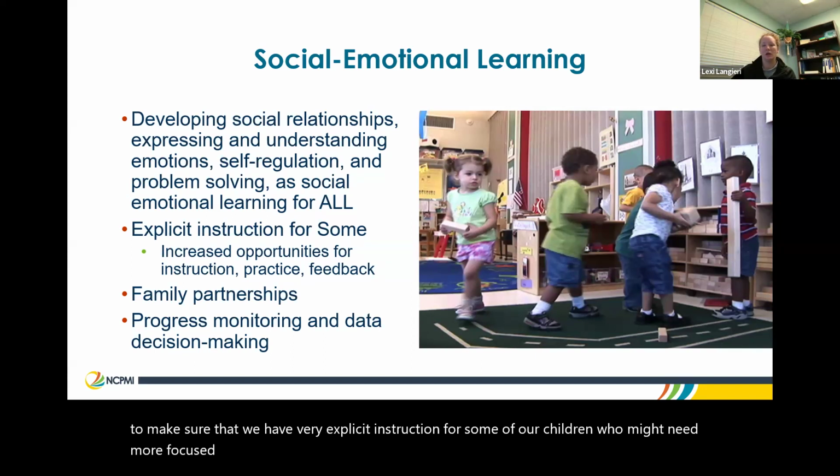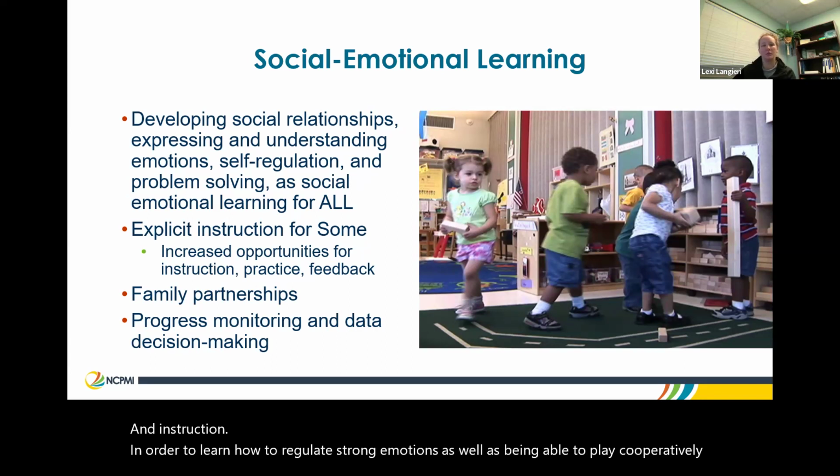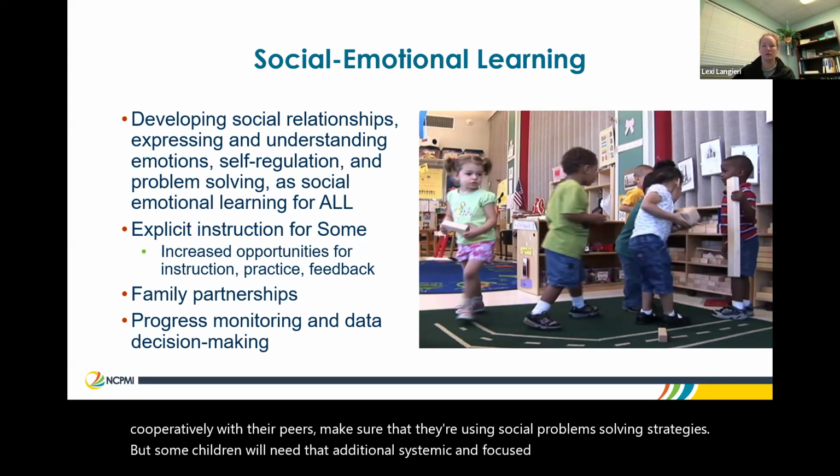And so in our early childhood programs, all young children will require adult guidance and instruction in order to learn how to regulate strong emotions, as well as being able to play cooperatively with their peers, make sure that they're using social problem solving strategies. But some children will need that additional systematic and focused instruction in order to learn specific social emotional skills.